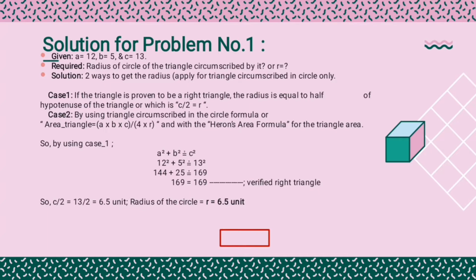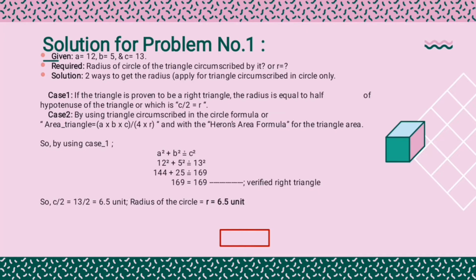So a squared plus b squared is equal to c squared, which is 12 squared plus 5 squared is equal to 13 squared, and that proves both of the sides: 169 is equal to 169. That verifies that the triangle inside the circle is a right triangle.